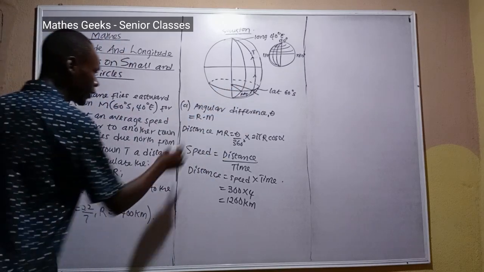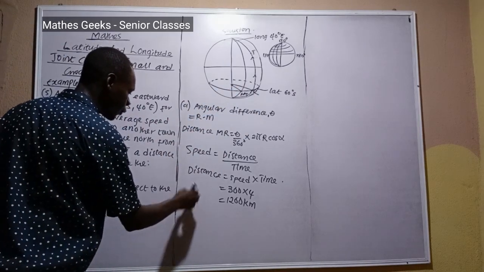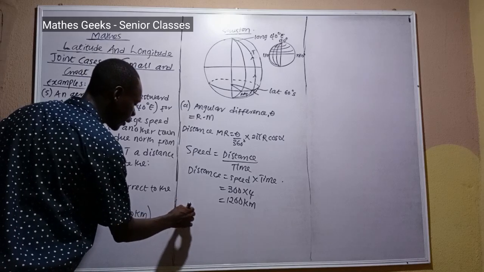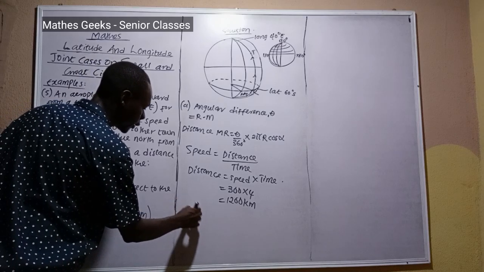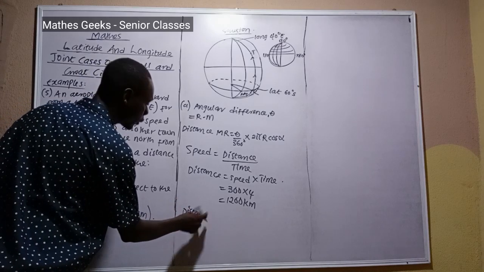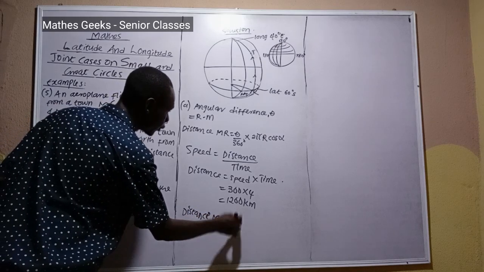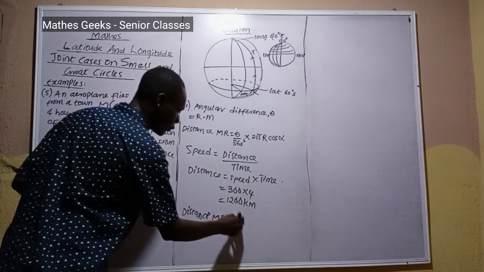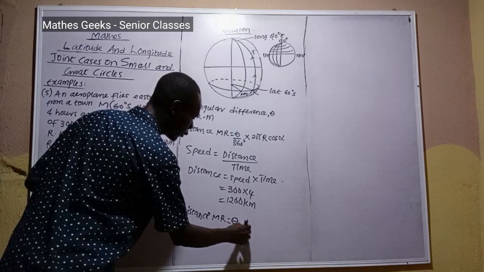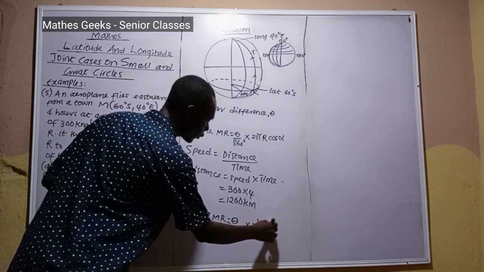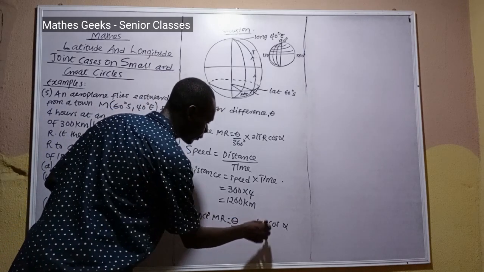Now, since we've gotten the distance MR, distance M to R is equal to theta over 360 degrees times 2 pi r cos alpha.